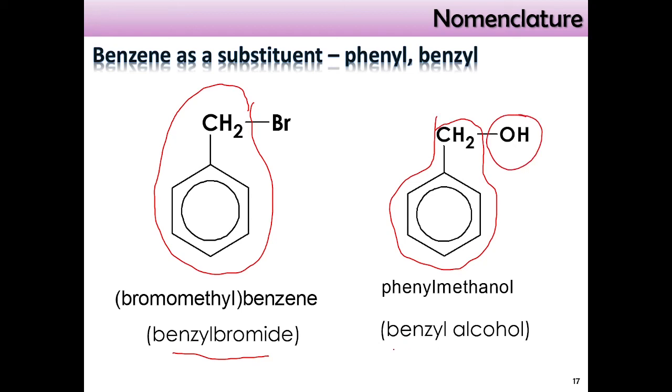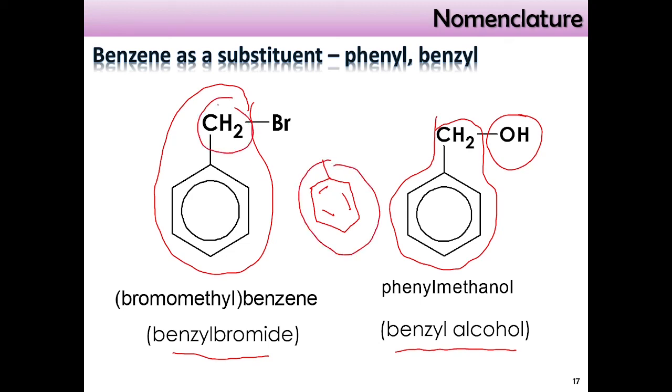But I think this is easier for you to remember. Benzyl bromide, benzyl alcohol. Different from phenyl. Phenyl is like this. This is the bonding. Compared to this one, it has CH2. So that is benzyl. That's the difference between benzyl and phenyl. Okay, remember that.